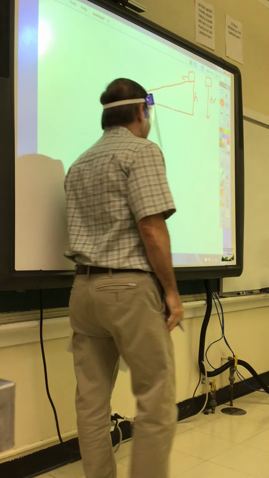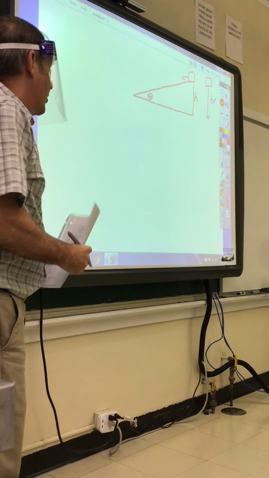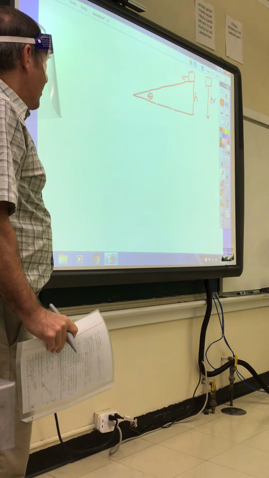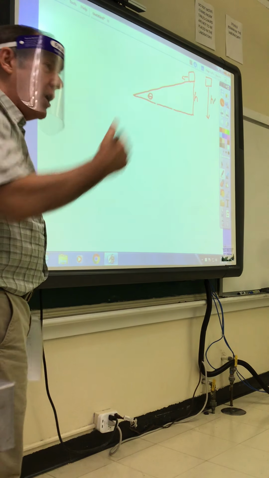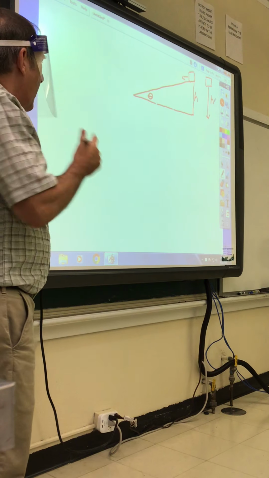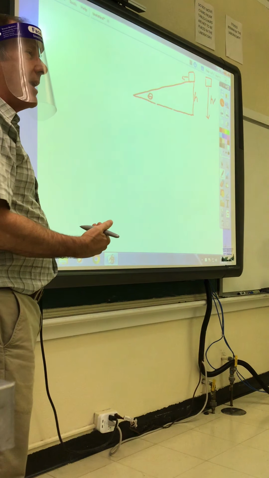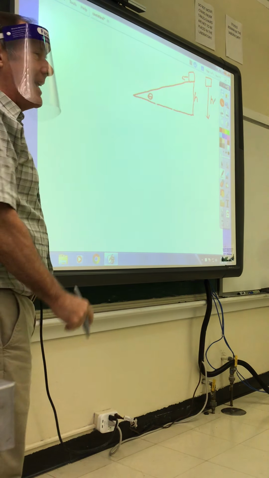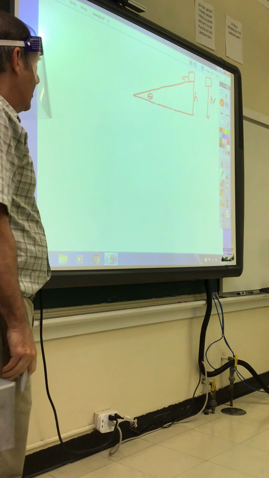It's going to fall a distance of h. So in both cases, we've got a height of h above the ground. In one case, we've got a free fall straight down. In the other case, something is sliding down an incline.